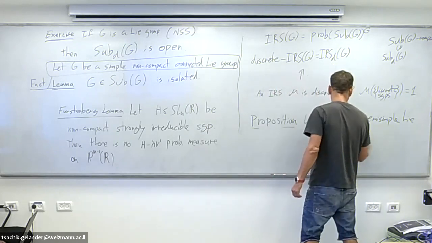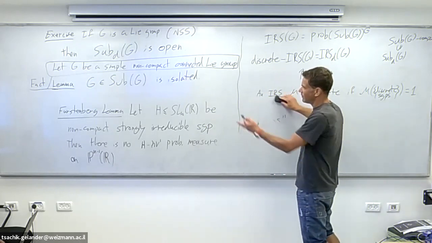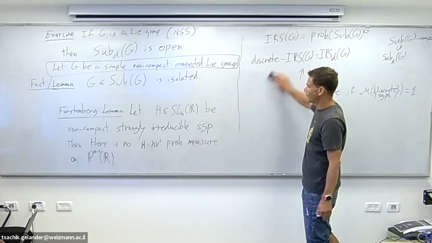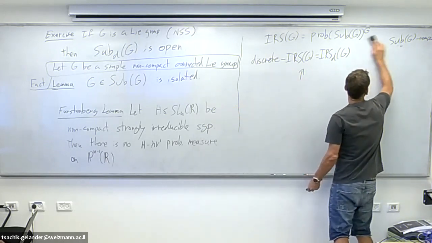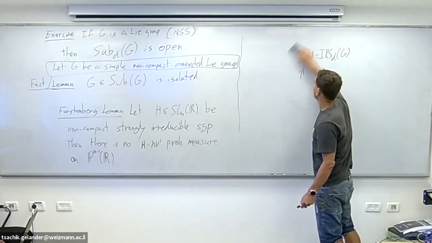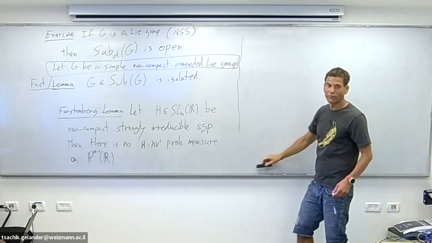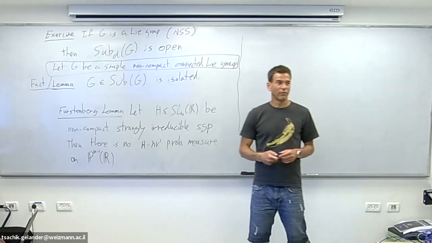And what is the proof? Why did I restrict to the situation of a subgroup of SLN? Because I don't want to discuss the K decomposition in general, but in SLN you know the K decomposition. You know just the polar decomposition, the Gram-Schmidt decomposition.